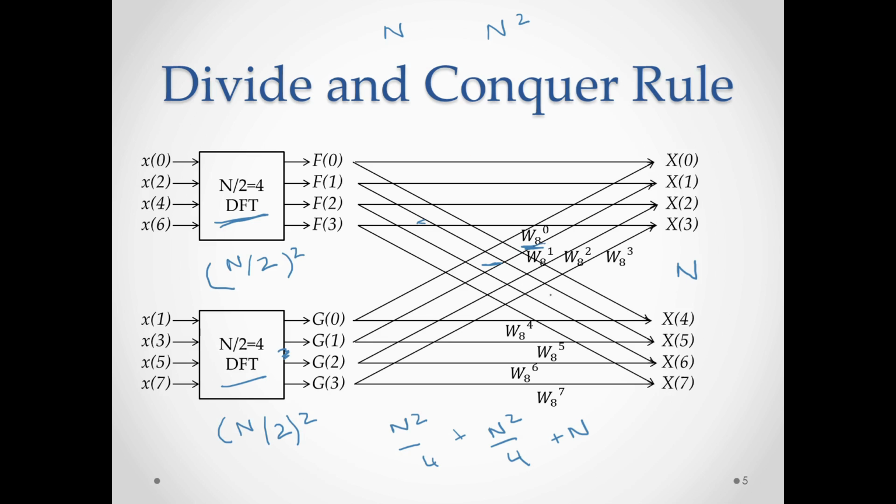Hence this equation would be approximately equal to n square by 2, as n is extremely large. So when we were using DFT, our computation time was n square, but by using the divide and conquer rule, we reduced our computation time to n square by 2, that is half of our total time. So by performing this technique, we reduce our time to half.